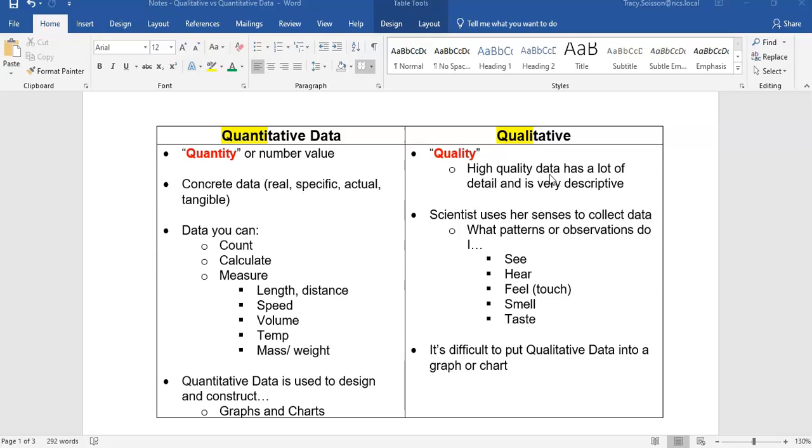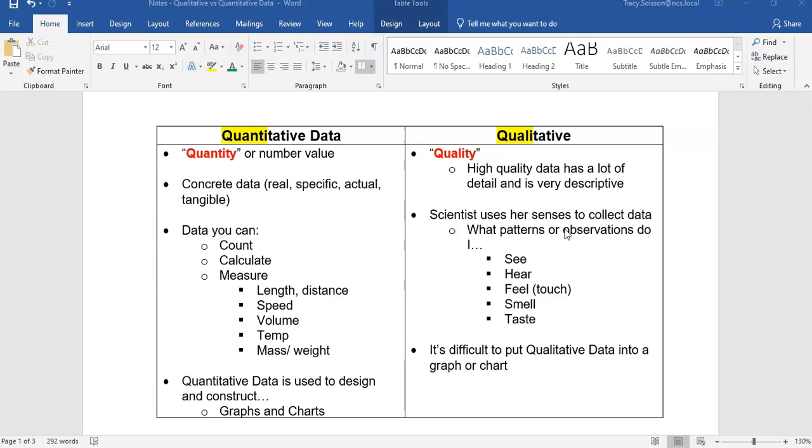High quality data means that it's very detailed, it's very specific, it's very descriptive. Scientists usually use their 5 senses to observe and record their qualitative data. So they're writing down what they see, what they hear, feel, smell, or taste.